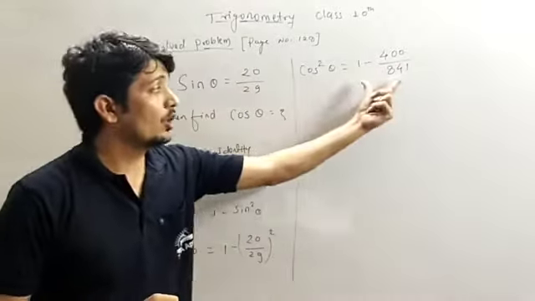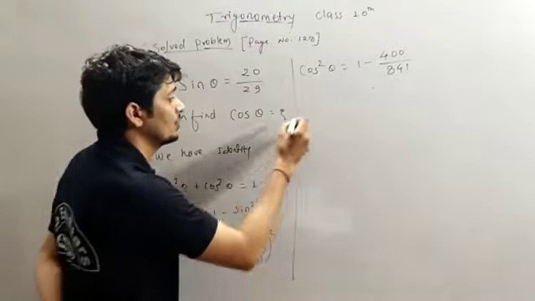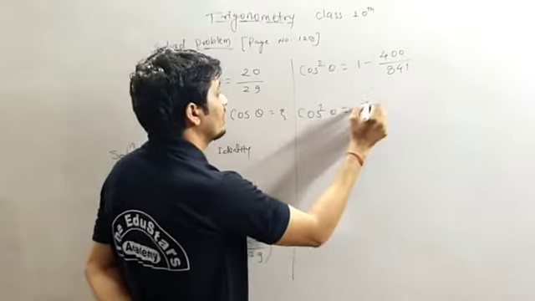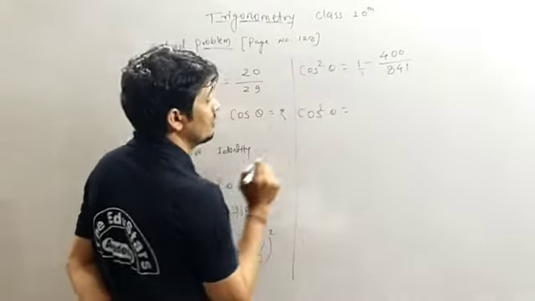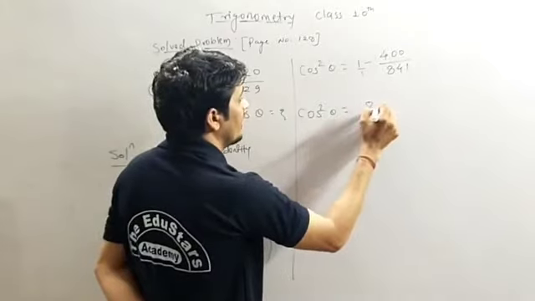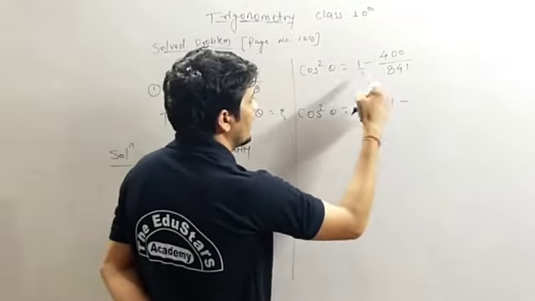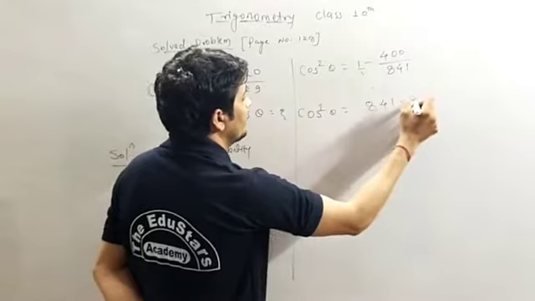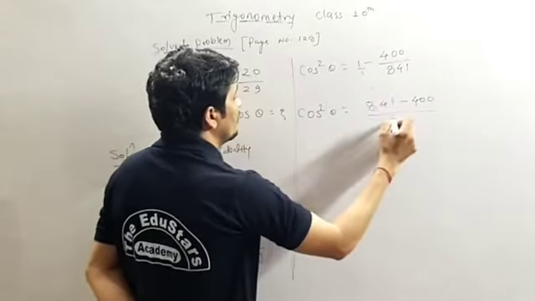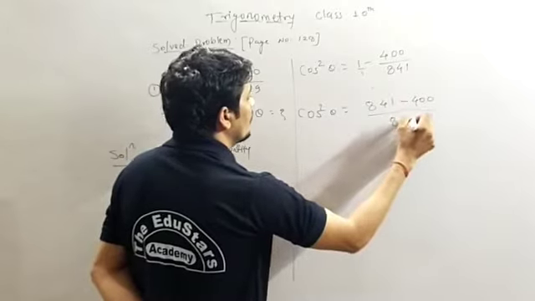Now we have to solve this part. Here we have 1, so we multiply it by 841. So it is 841 minus 400 divided by 841.